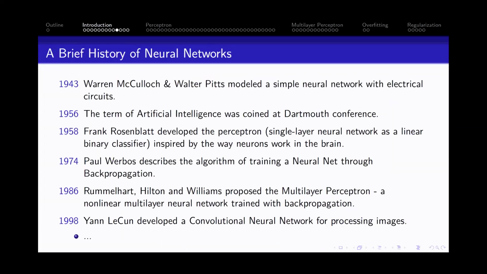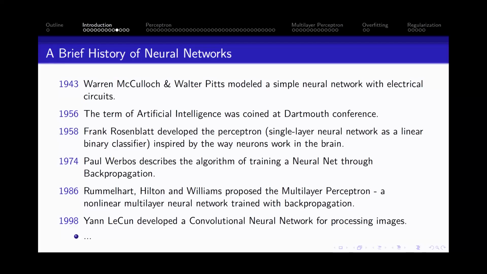So let's go through a brief history of neural networks. Neural networks were first introduced by Warren in 1943 with electrical circuits. Following that introduction, many other conferences and researchers proposed different variations of neural networks for different applications.